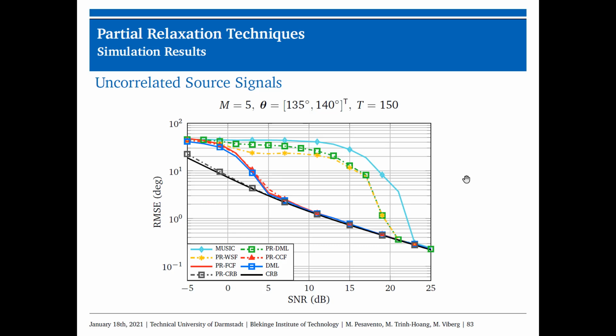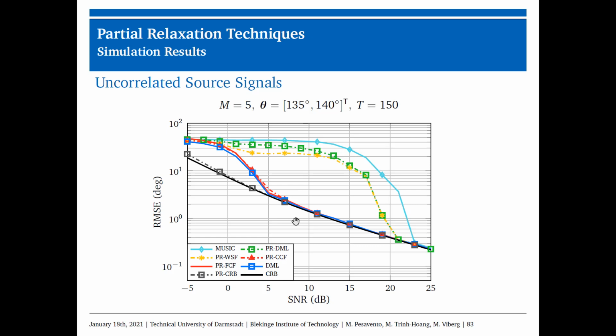We also compare the performance of the PR estimators given here, DML, WSF, CCF, and SCF, to one single source approximation method, namely the MUSIC estimator, and one optimal parametric method, the DML estimator. We can see that among the PR estimators, the estimation performances of the covariance fitting based ones, denoted here by the red markers and the red line, are very favorable, where they almost coincide with the high computational complexity of the DML estimator.